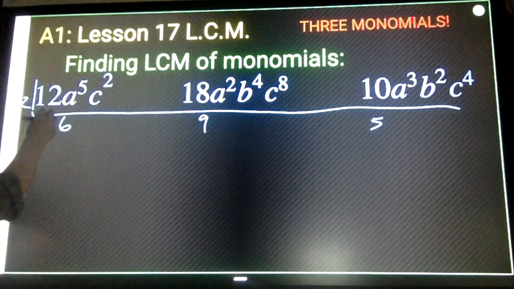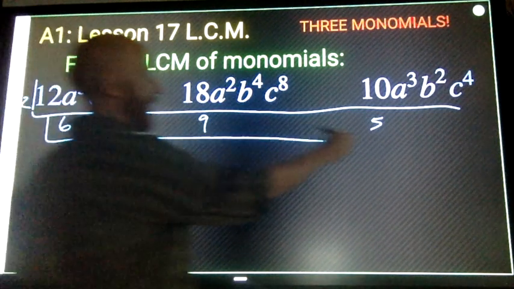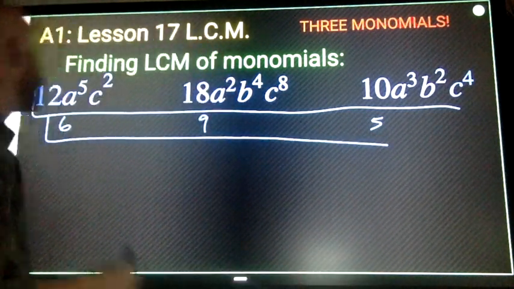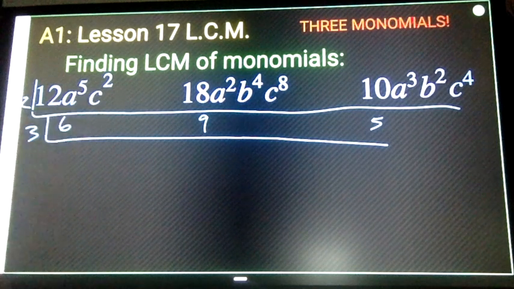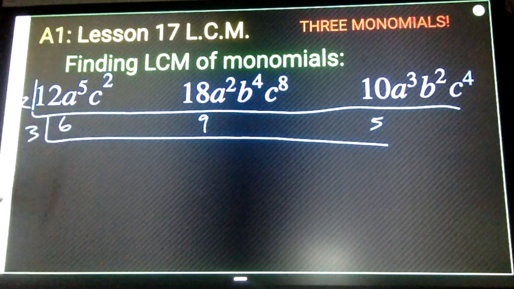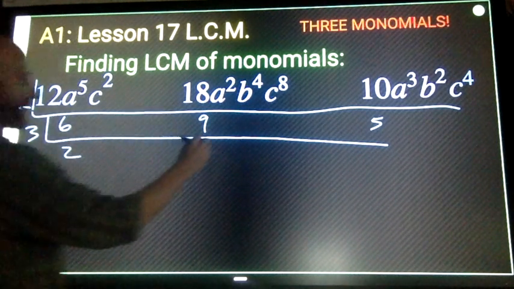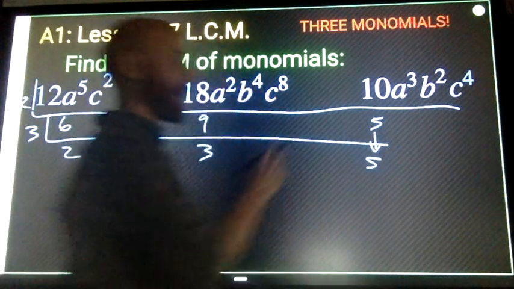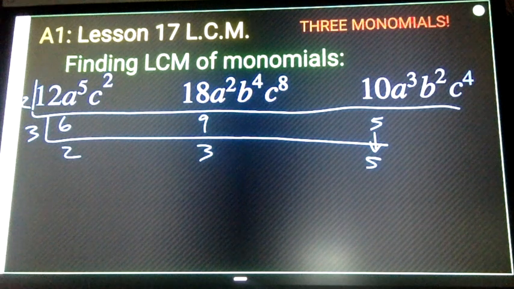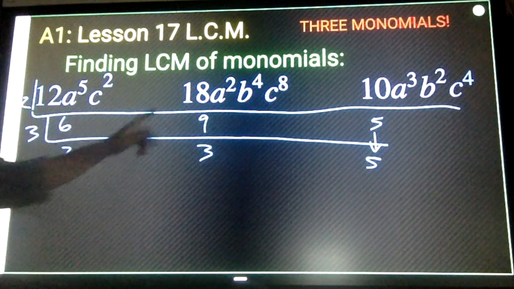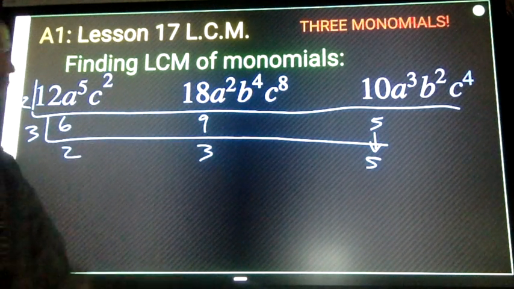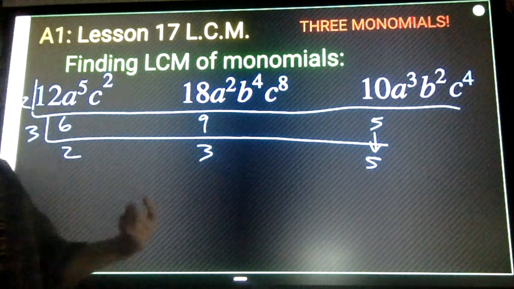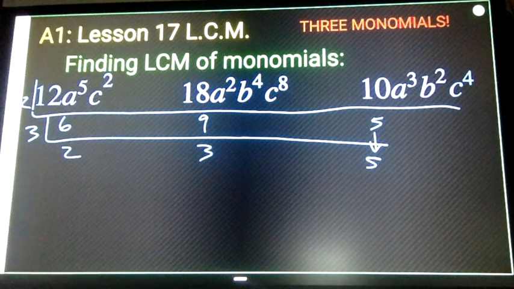I am going to continue as long as I have a number that divides at least 2 of my terms. So 3 divides 6 twice, divides 9 3 times. I'm just going to bring the 5 down because it's not being divided by that 3. Okay, now 2, 3, and 5, the only factor that they share is 1. So now I am done.